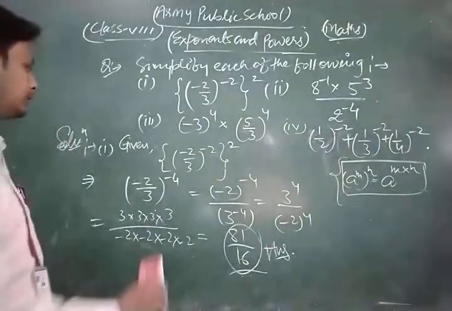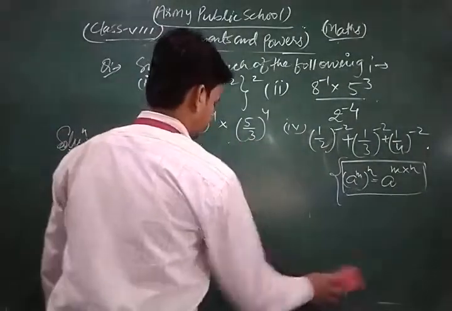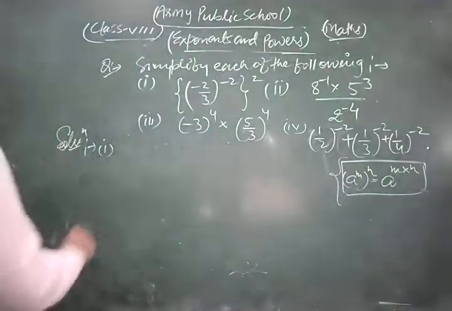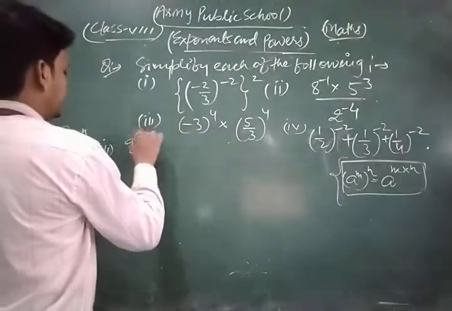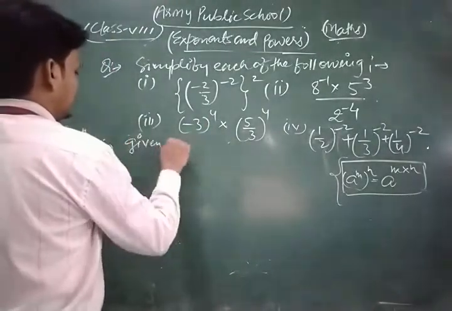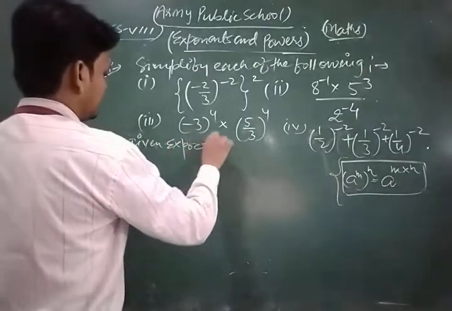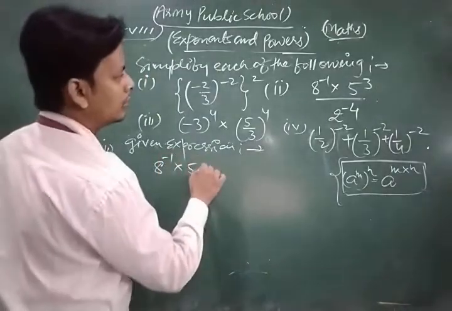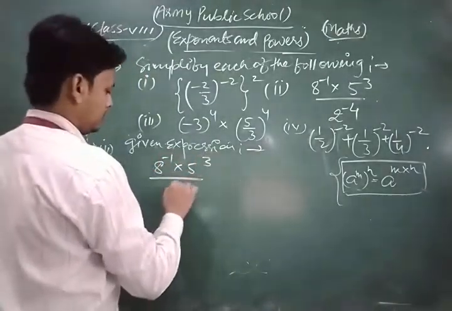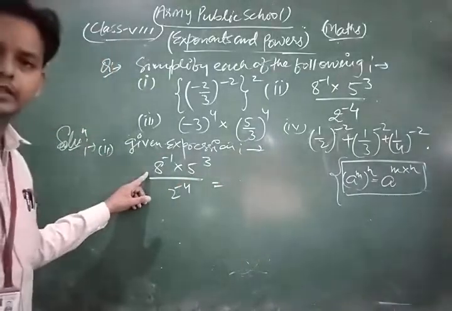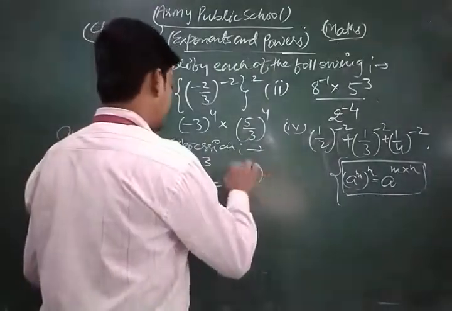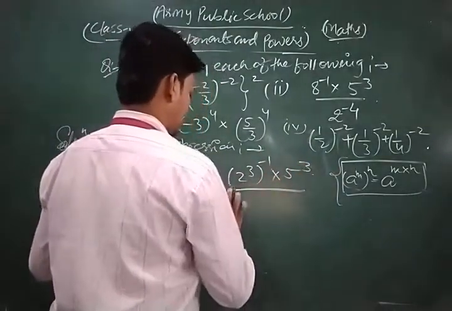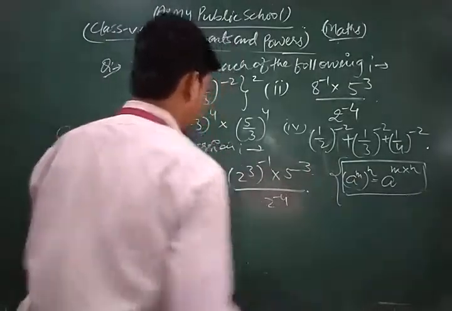Similarly, we can solve the second part of this question. Look, the second one, given expression: 8^-1 can be written as (2^3)^-1, which is 2^-3, and here we have 2^-4 in the denominator.